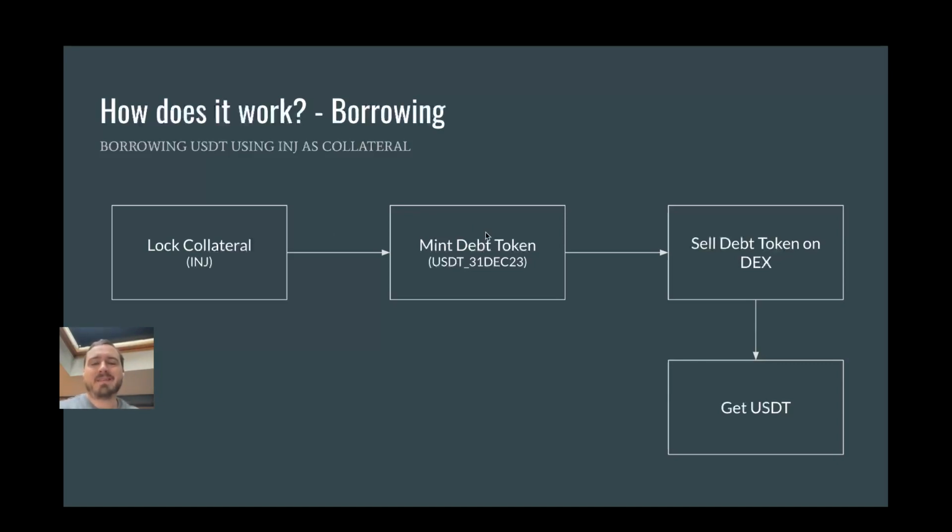You'll be able to mint this debt token. So this one is called USDT 31 December 23, which means that this is with an expiry of 31 December 2023. And then afterwards, you are able to sell this debt token on a DEX, like maybe Elix, and get out your USDT.